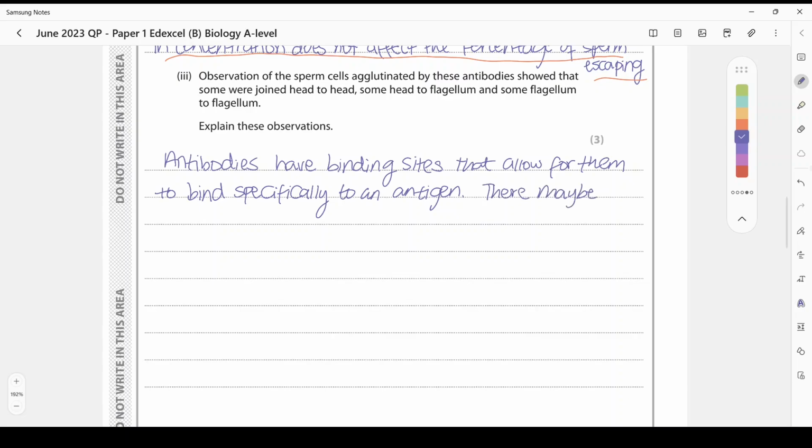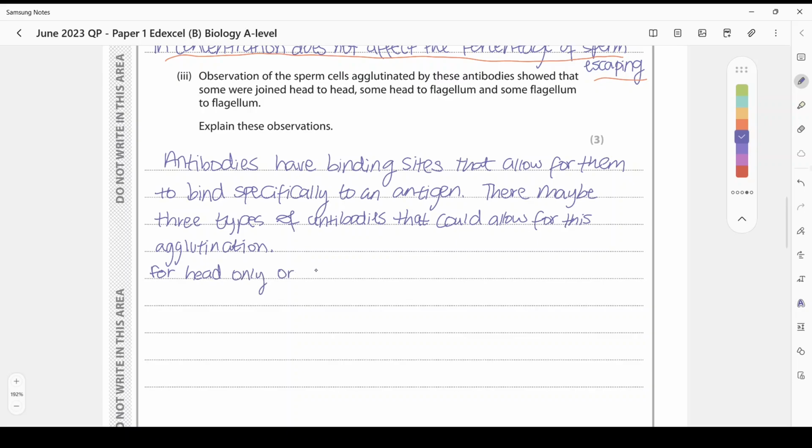There may be three types of antibodies that could allow for this agglutination for head only or flagellum only binding to occur.